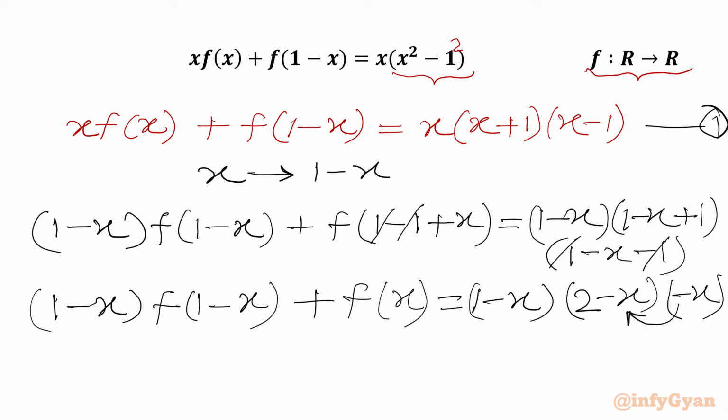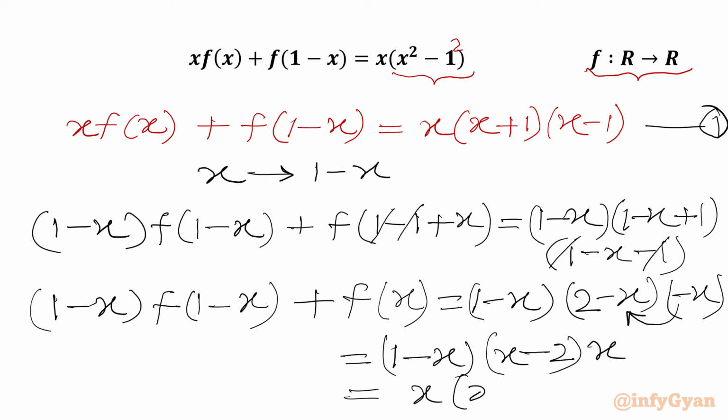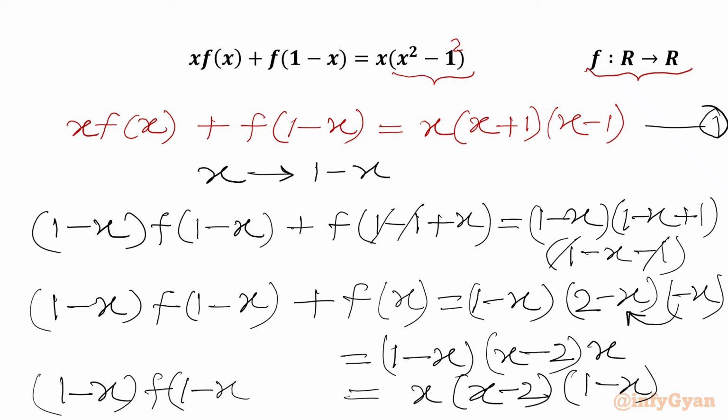So the RHS will be (1 minus x) times (x minus 2) times x, or x times (x minus 2) times (1 minus x). The LHS is (1 minus x) times f of 1 minus x plus f(x). Let's say this is our equation number 2.